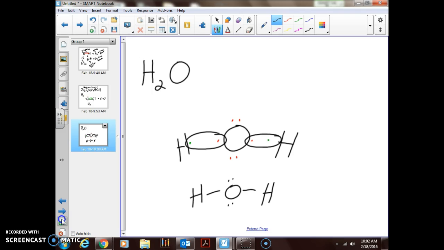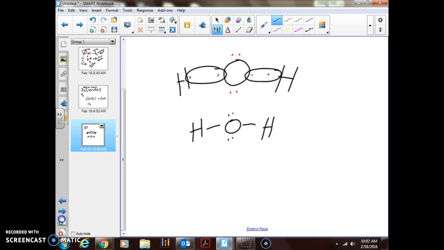I'm sure you all have seen the arrangement for water in biology. Valerie? We haven't talked about molecular geometry yet. But when we get to that, you'll learn why the arrangement is more like this and not linear like this.